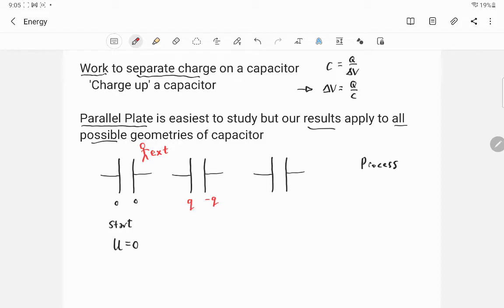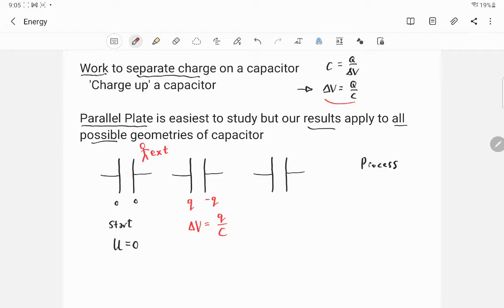If they manage to separate the charge little q by doing some work, then at this point there is a potential difference across this capacitor, which is simply equal to the amount of charge separated divided by the capacitance of our capacitor.